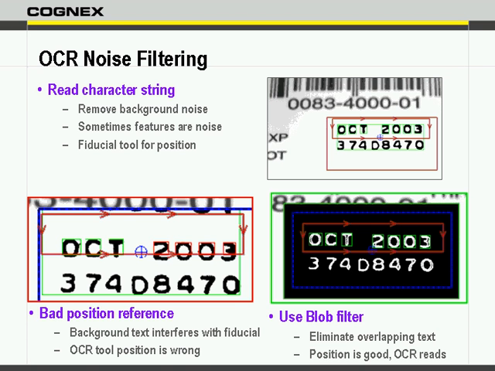And you turn that off, which means these edge blobs at the top go away, and all you're left with is what you see on the right, which is just the text that you're interested in. Now your fiducial tool finds the correct stuff, and your OCR tool can be correctly positioned. It's a great way of getting rid of any other features around the text that may interfere with positioning or the OCR read.